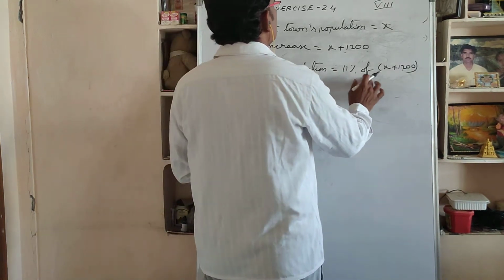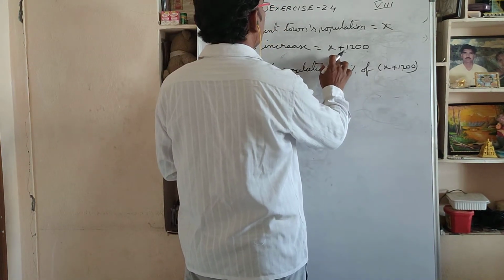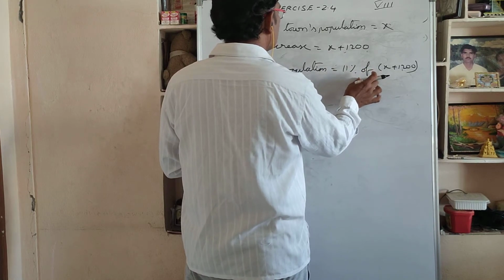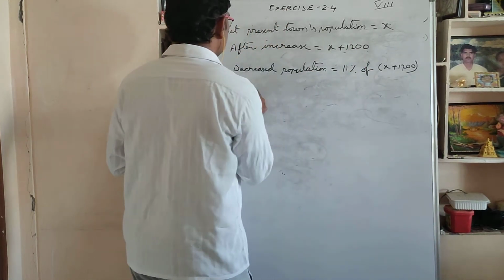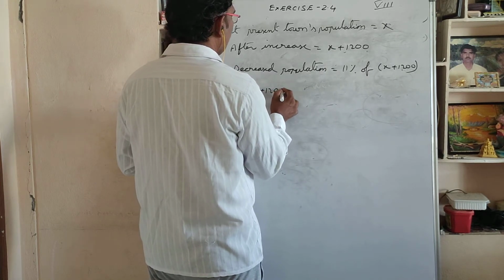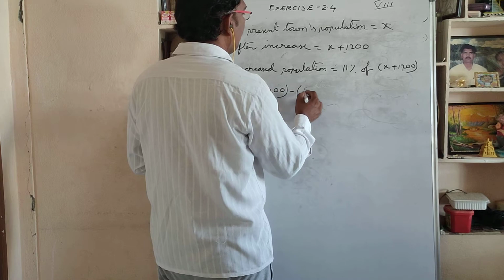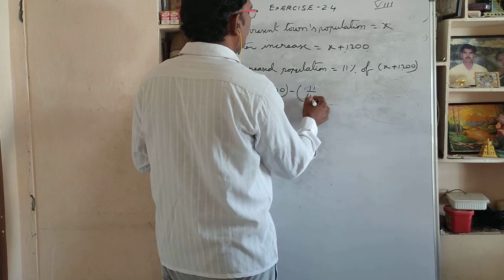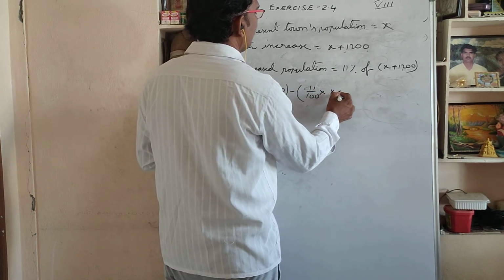Now what you have to do is, this much is decreased, but how much is present after decreasing? You have x plus 1200, minus 11%, which means 11 by 100 into x plus 1200.